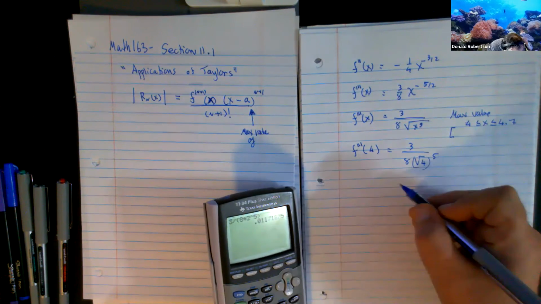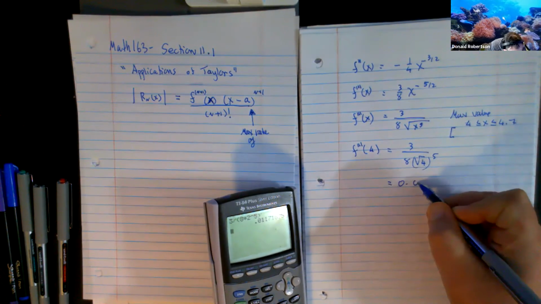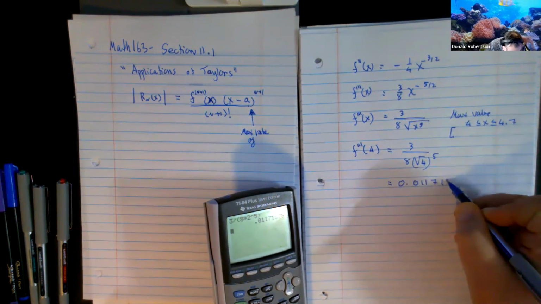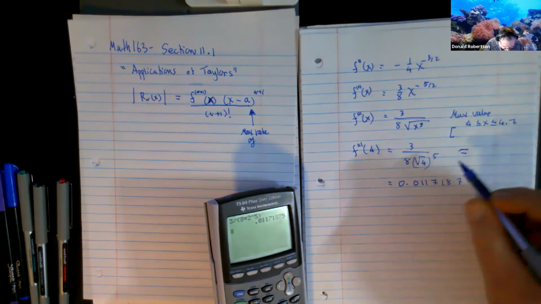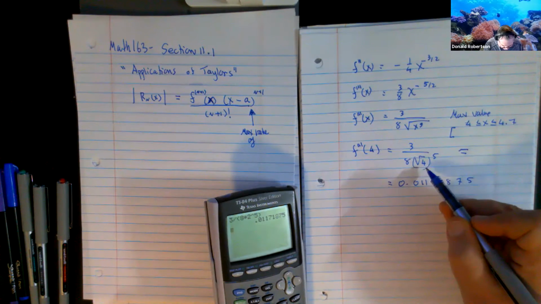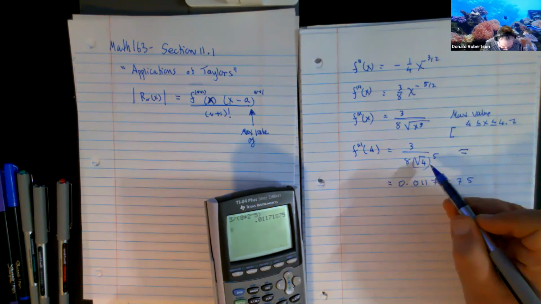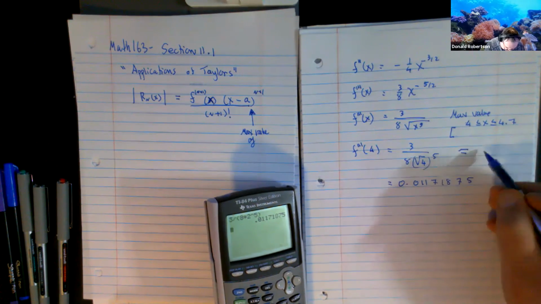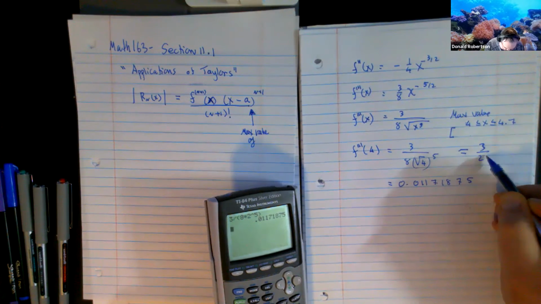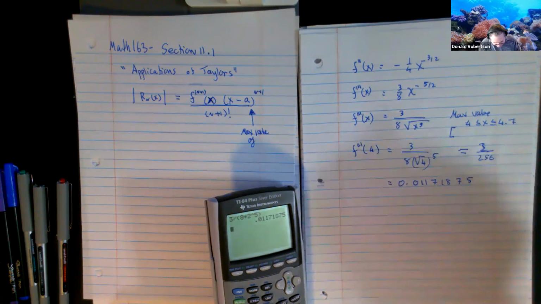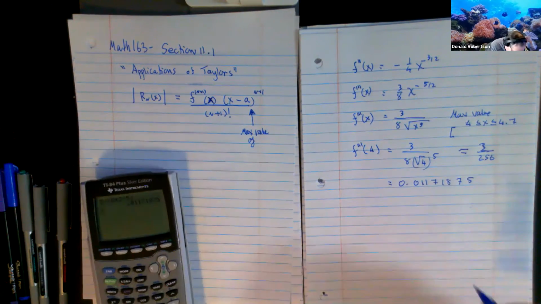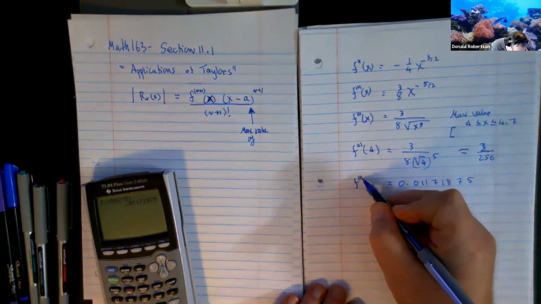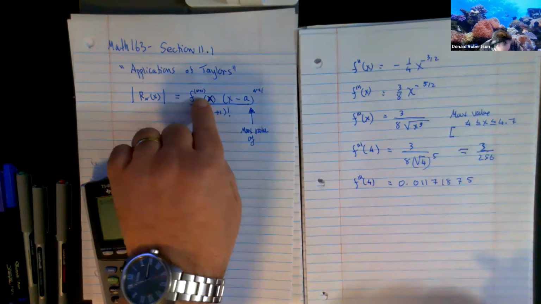And I get 0.01171875. Or if you're really using it, it's 2, 4, 8, 16, 32. It's that guy if you want to use a fraction. But the whole thing's going to turn into a decimal anyway, so that decimal will do. Okay, so that's the bit that goes there.